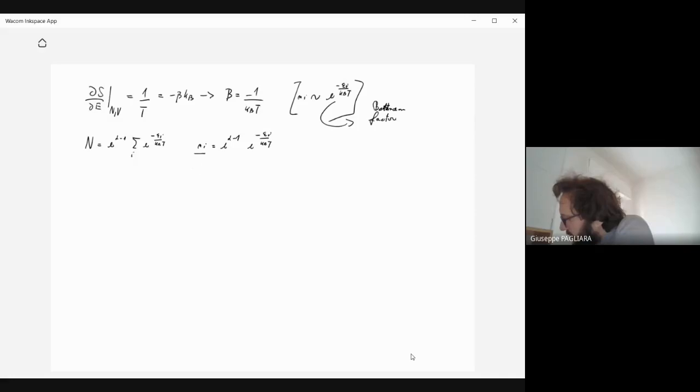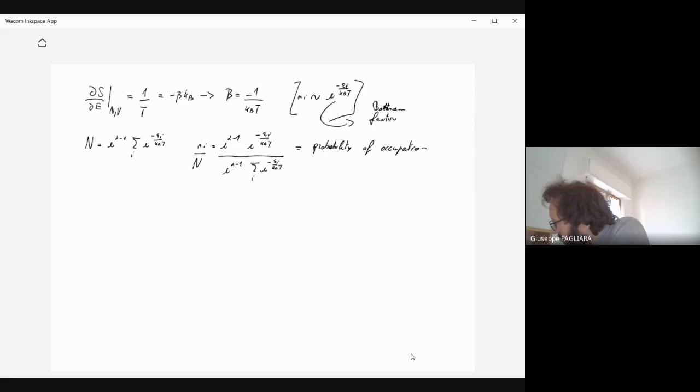Then I divide by N. I see that this is a probability of occupation of state i, because it's the number of particles in the state i divided by the total number of particles.